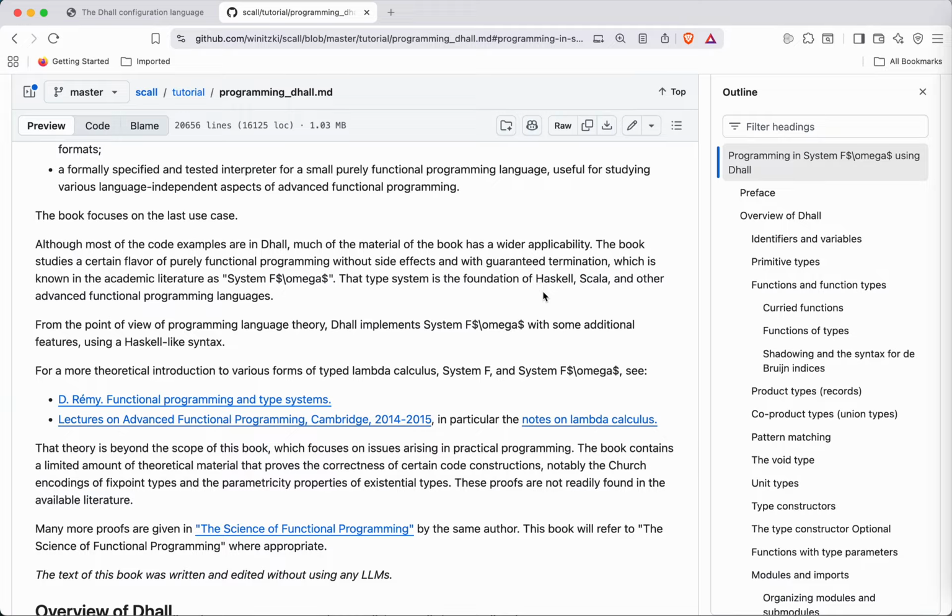System F Omega is the basic lambda calculus that you can just imagine as lambda calculus with static types, also with type constructors. Functions can have type parameters, but also higher-kinded types. In other words, the type parameters themselves could be type constructors. So that is the power that this little language has.